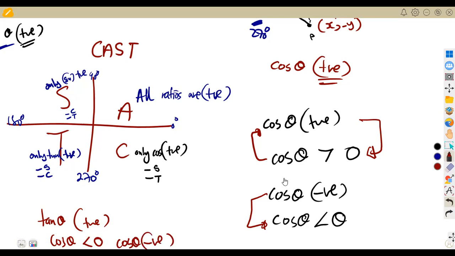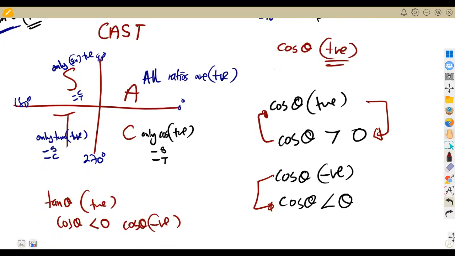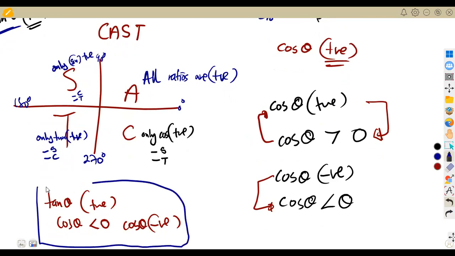So you are supposed to locate a quadrant where you find both these conditions satisfied. Like, where do we have tan being positive and cos being negative? We can see from our quadrants that the only quadrant where tan can be positive and cos negative is the one from 180 to 270 degrees.